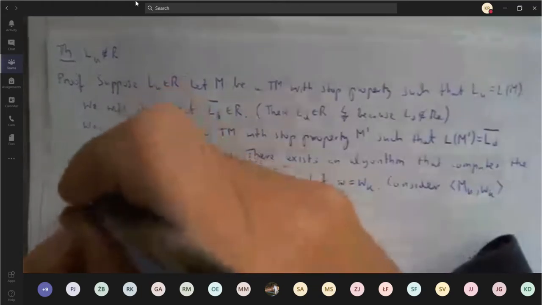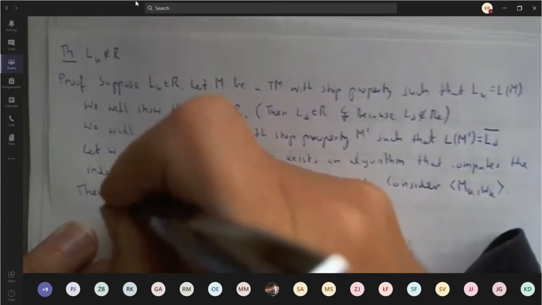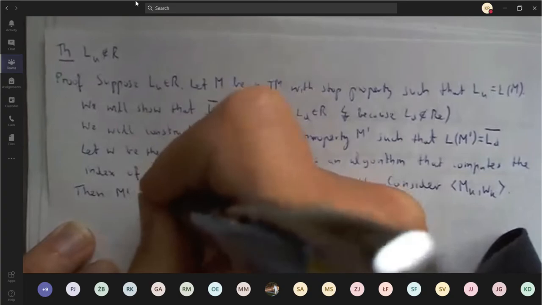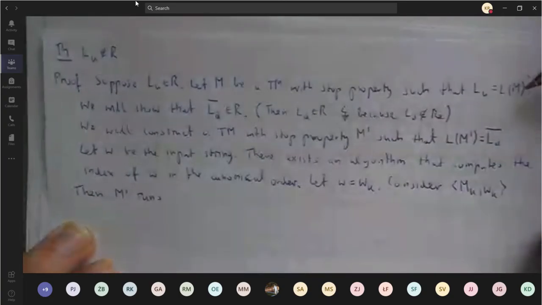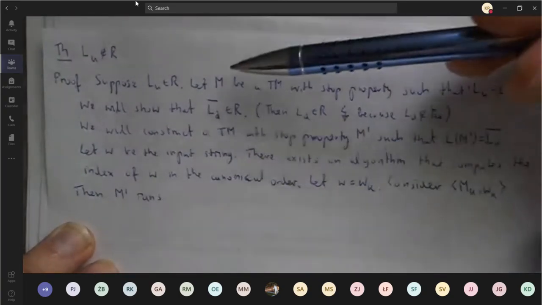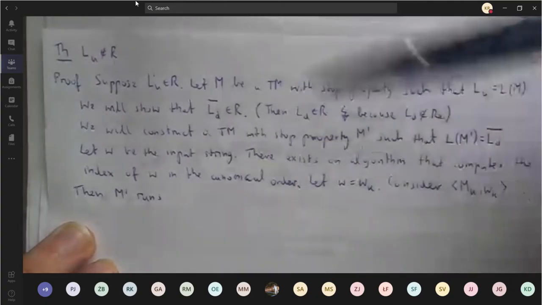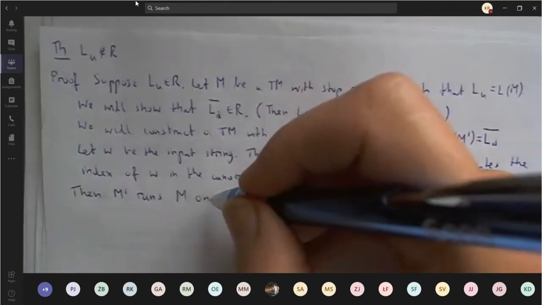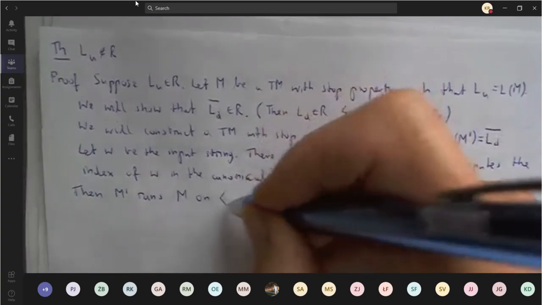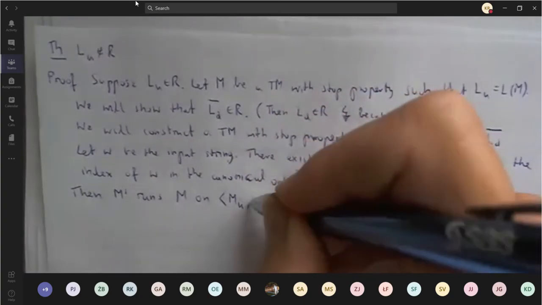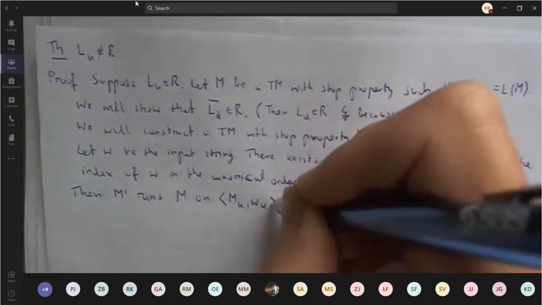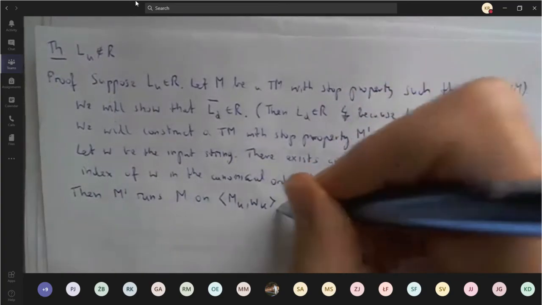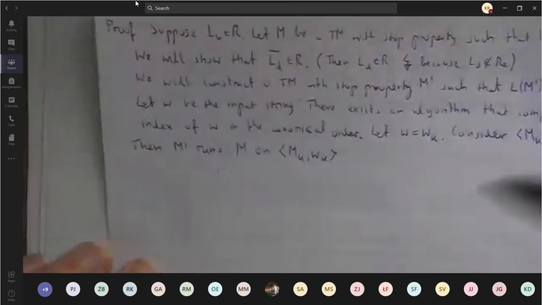Then M prime runs our Turing machine from this assumption, M, on this string. Okay, so let's see what's going on.